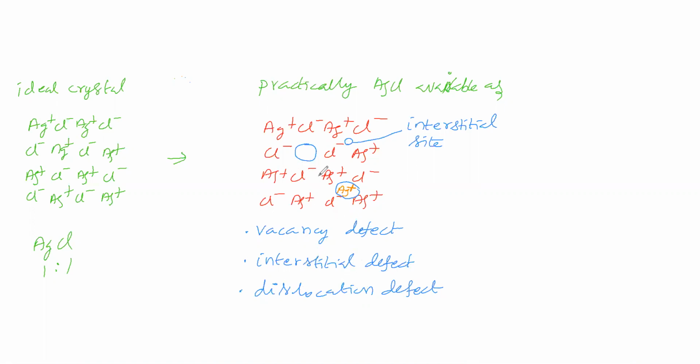Now you see, actually this place is vacant. In this place, what should be there? Ag+ should be there, but that Ag+ came to which place? The interstitial place.